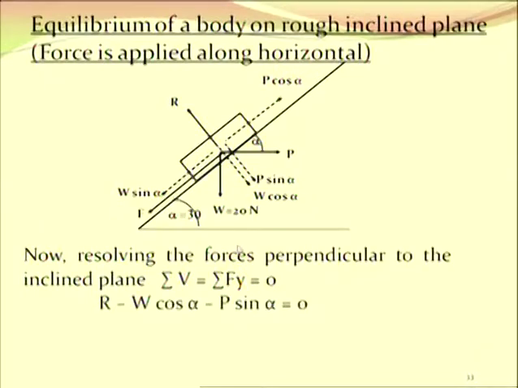So R minus W cos alpha minus P sin alpha equals 0. Putting the values of W and alpha, R minus 20 cos 30 minus P sin 30 equals 0.